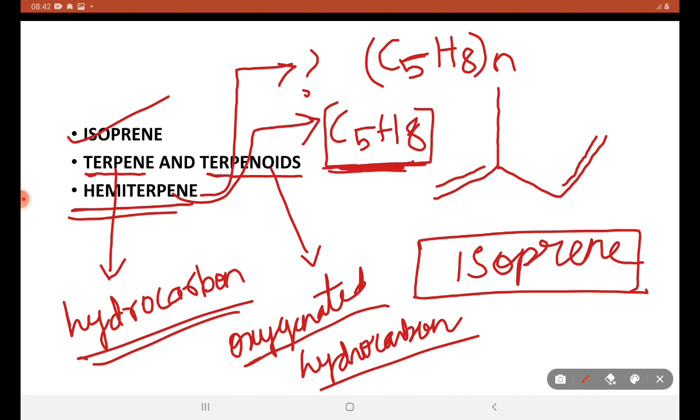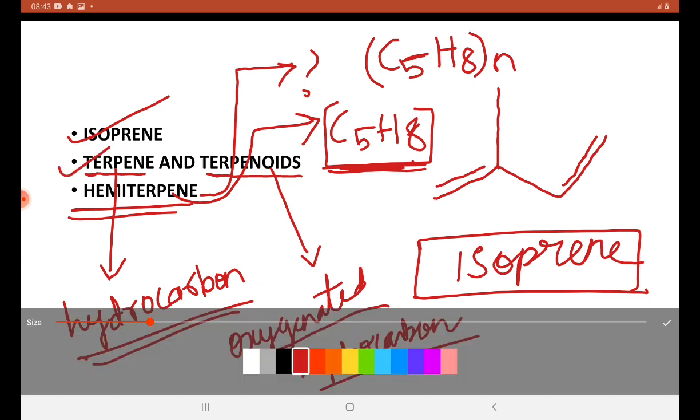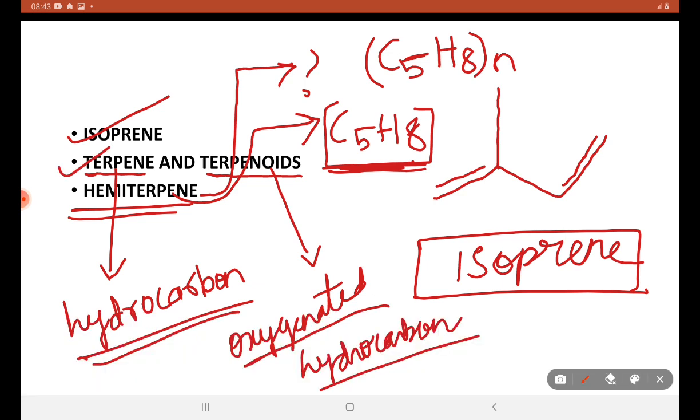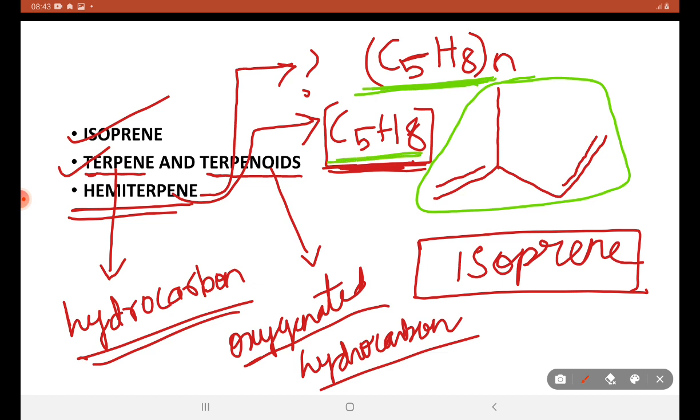This is hemiterpene. Hope this introduction is clear. This is an isoprene unit. This is the general formula of terpene, C5H8 n. C5H8 is called hemiterpene. Terpenes are basically hydrocarbons. Terpenoids are oxygenated hydrocarbons.